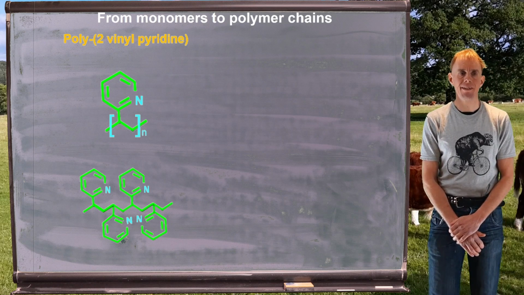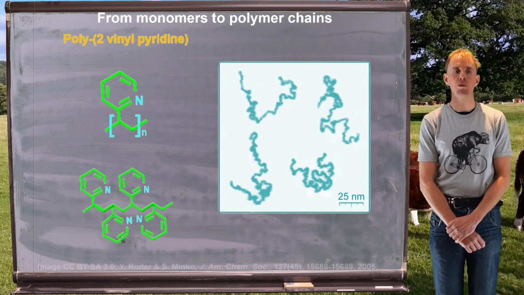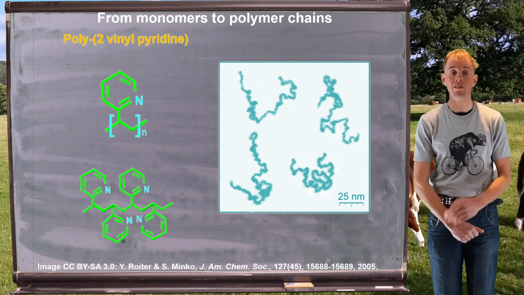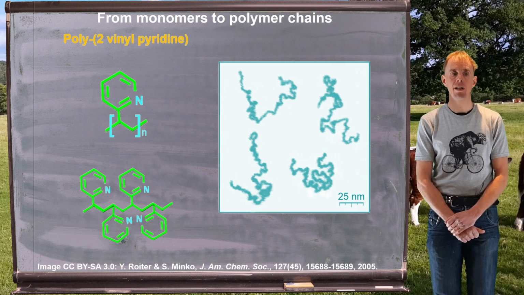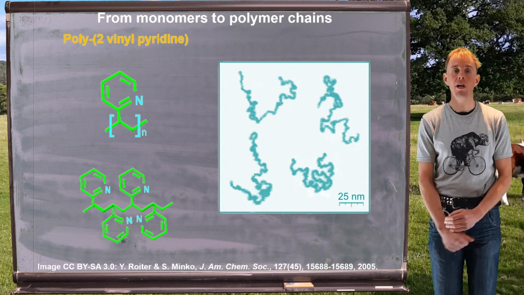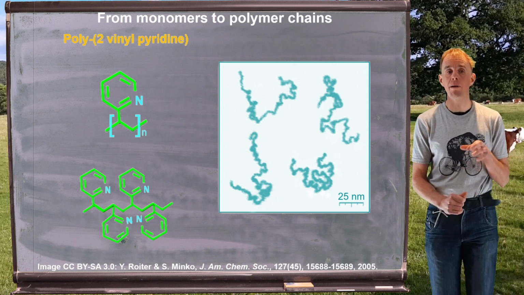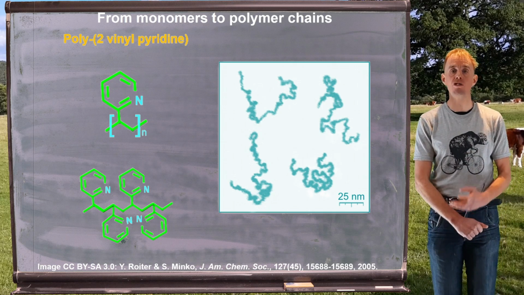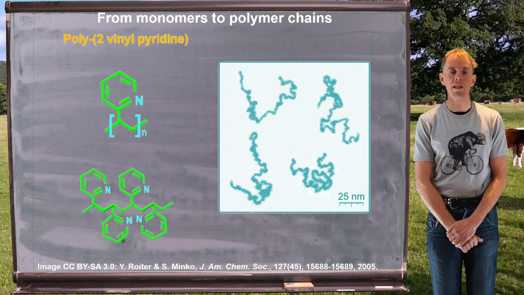Now, the images that I've just put on the board are frankly remarkable. They were taken nearly 20 years ago, back in 2005, by Reuter and Minko. And if you want to learn more about their techniques and how they did this, I've put the link to their paper in the Journal of the American Chemical Society there for you to go and have a read.